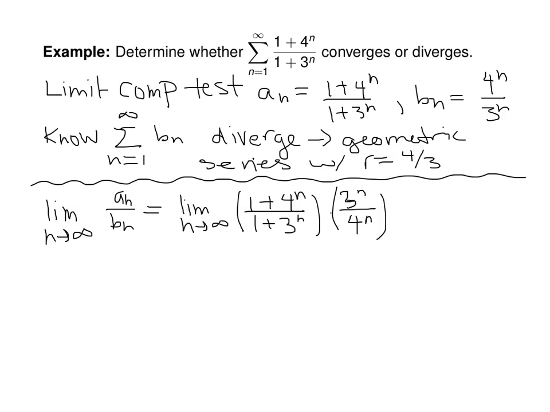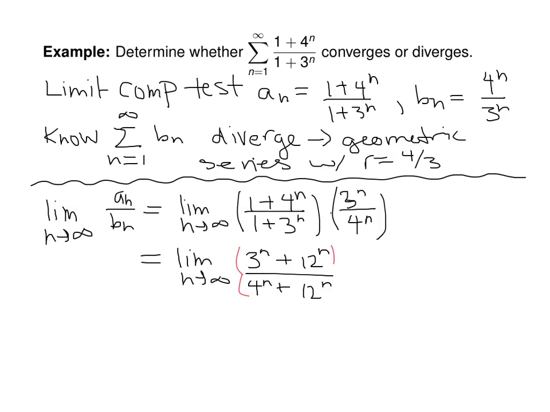You divide by B sub n, that reciprocates the B sub n. So distributing that through, we have the limit as n goes to infinity of 3 to the n times 4 to the n will be 12 to the n over 4 to the n plus 12 to the n.